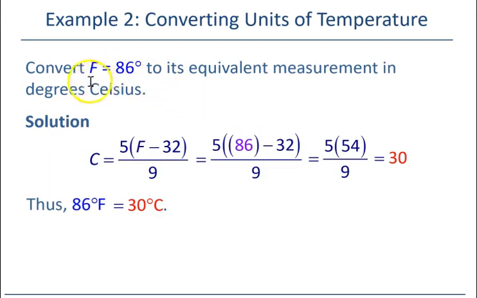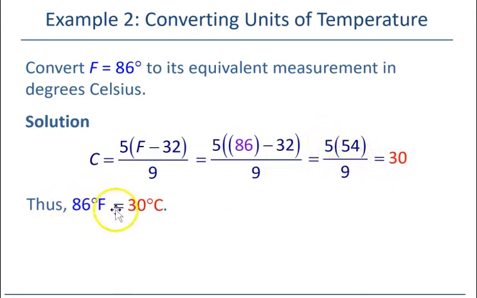Okay, let's convert the Fahrenheit of 86 degrees to its equivalent measure in Celsius. Notice they take this 86 and plug it in. Once you do all the math, remembering your order of operations, do the parentheses first, you're going to get this 54, multiply it by 5, and then divide, so you get 30.